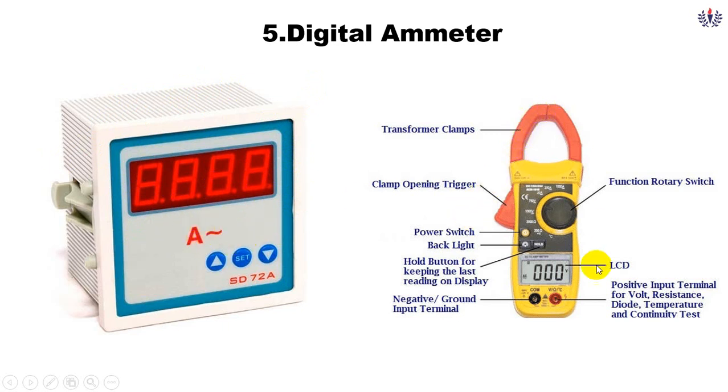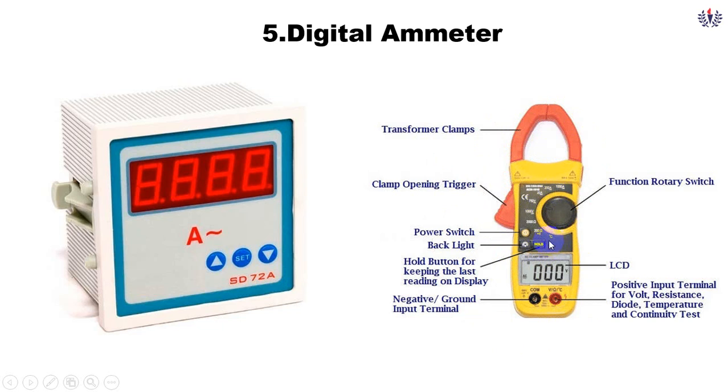The next type, a modern type of meter, is the clamp meter, or another name is the tong tester. Here there is no electrical connection. If you place the conductor in between these transformer clamps, due to the induction principle we can easily measure the voltage, current, and resistance also.